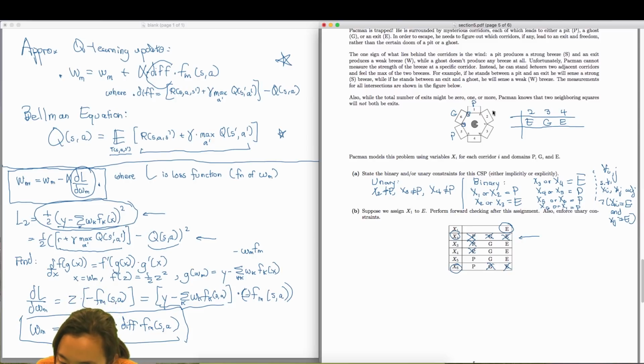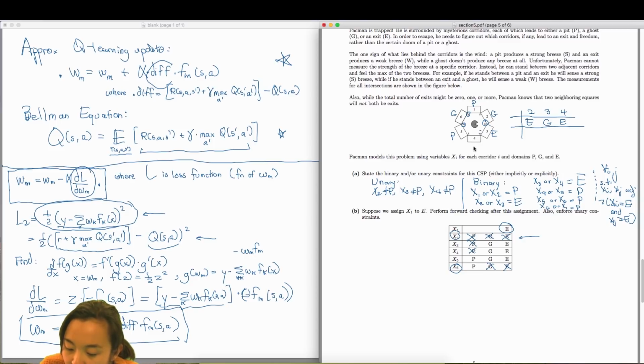Another possibility is if you assign this to G, and then you see that this has to be an exit here in order to get that weak wind. And this cannot be an exit because two exits cannot be adjacent to each other, so it cannot be a pit either because then we'd have a strong wind here.